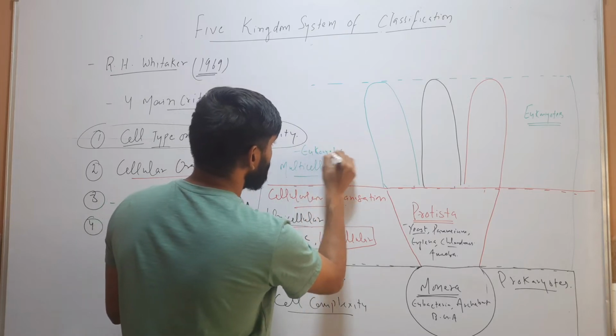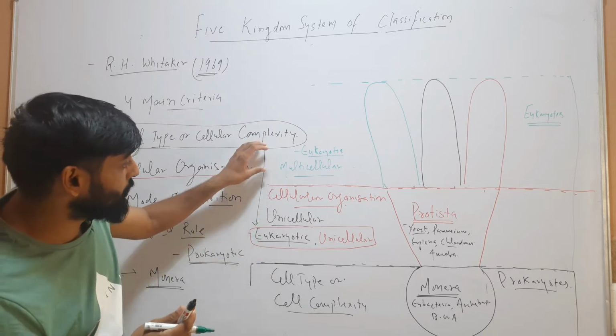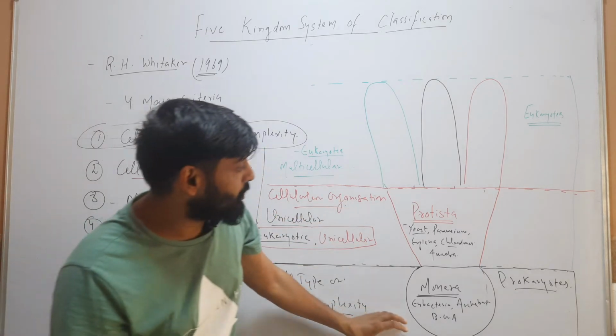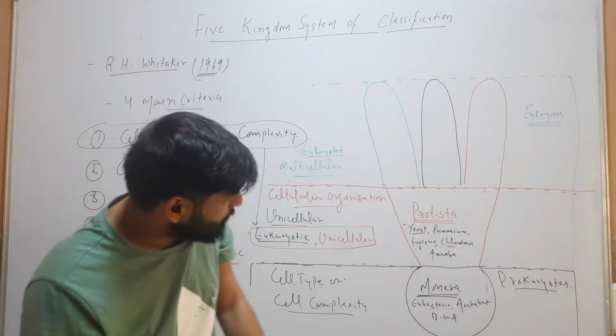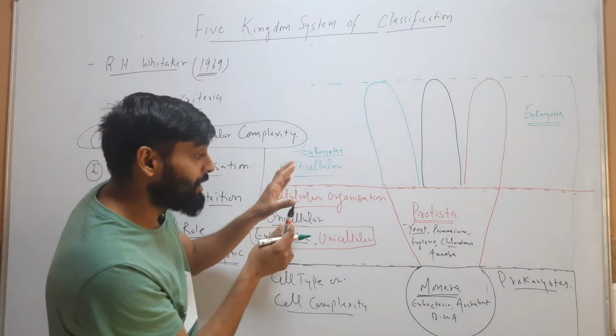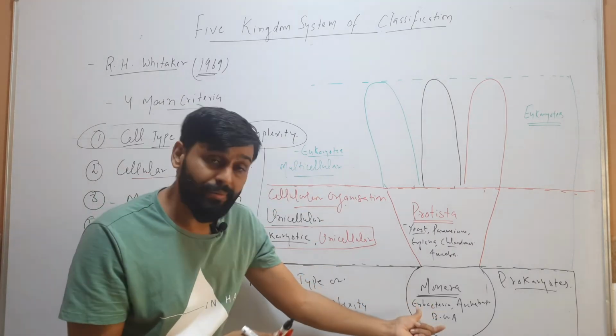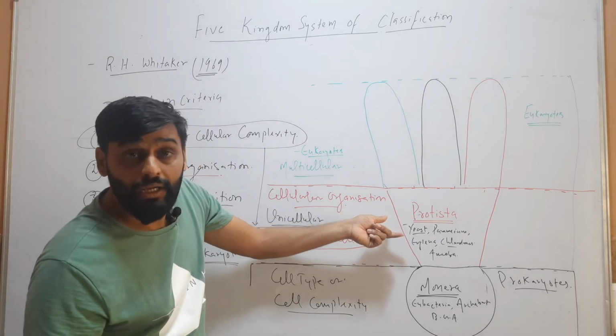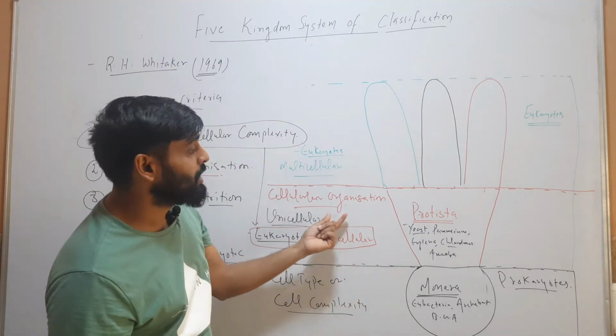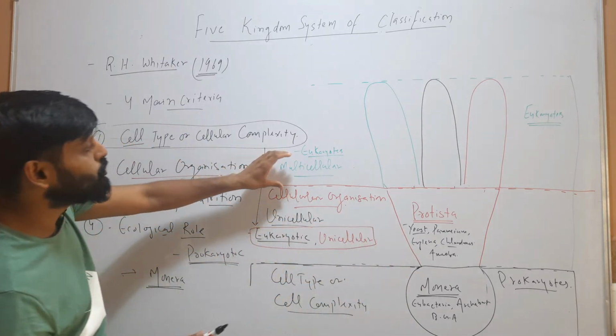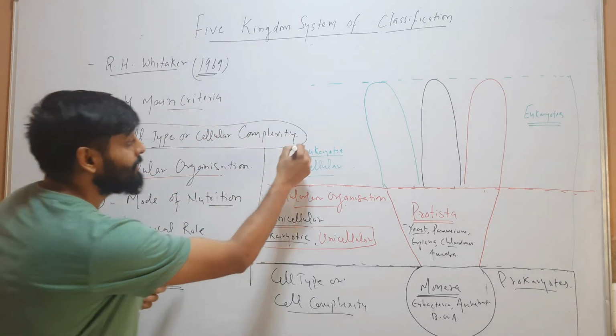So we have left only multicellular eukaryotes. We have classified unicellular prokaryotes and unicellular eukaryotes. Unicellular prokaryotes were kept in kingdom monera, and unicellular eukaryotes were kept in protista. So now we have eukaryotic multicellular.